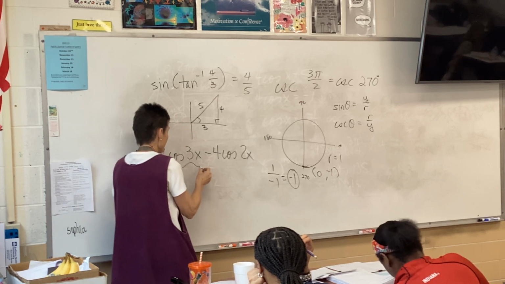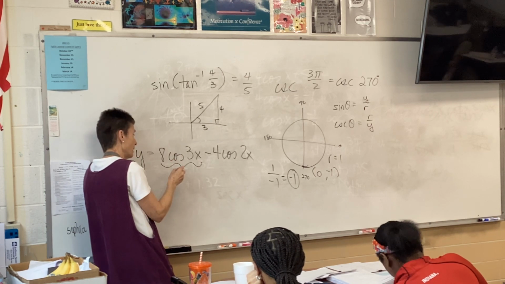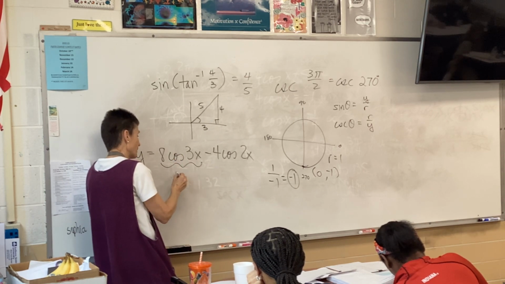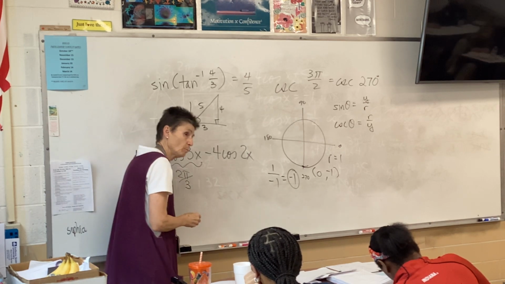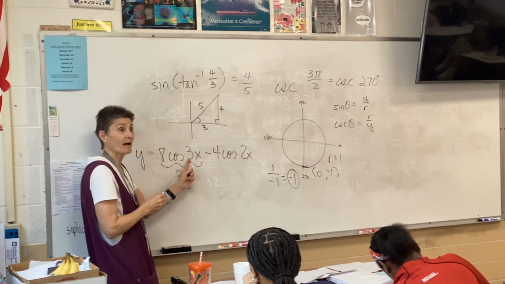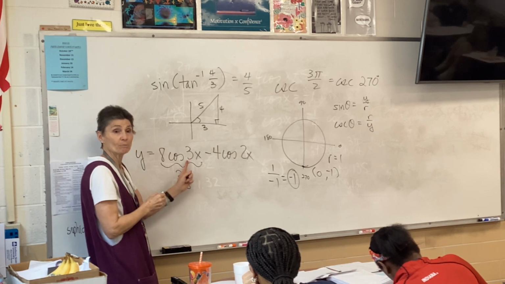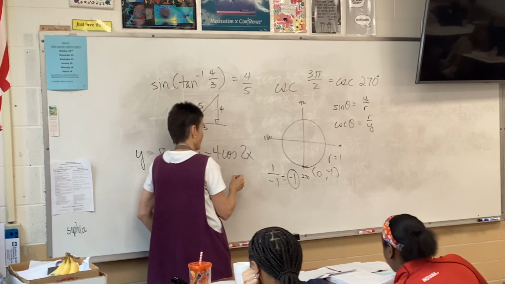All right, so let's look at this part of the problem. What is the period of just this chunk? 2 pi over 3. The standard normal period of sines and cosines is 2 pi. This number divides that period, so it's going to be 2 pi over 3. What's the period of this one? Pi.